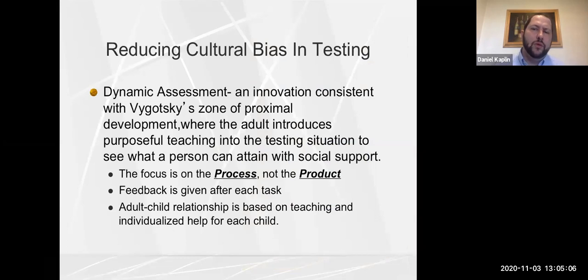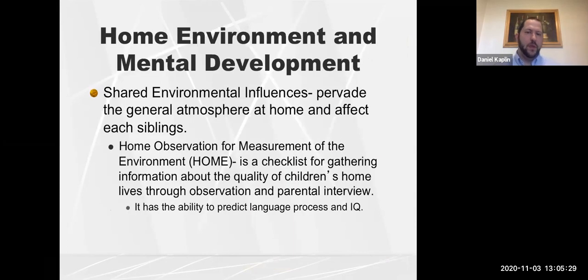So how do you address some cultural bias in testing? Well, you could focus on the process instead of the product, like, you're not just an IQ score. You could give feedback and encouragement after each task, and you could emphasize the adult-child relationship to shape development. Now, we mentioned mental development or IQ development and the environment.